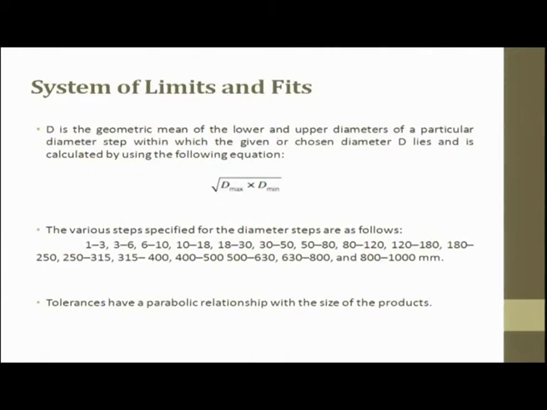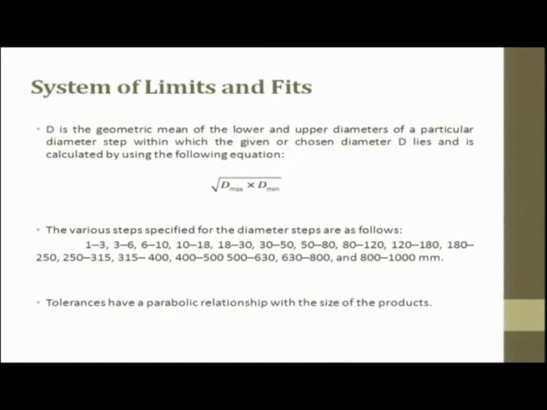D is the geometric mean of the lower and upper diameters of the particular diameter step within which the given or chosen diameter lies, and is calculated using the formula D equals the square root of D max into D min. The various steps specified for the diameter are as follows: 1 to 3, 3 to 6, 6 to 10, 10 to 18, and it goes on up to 800 and beyond.